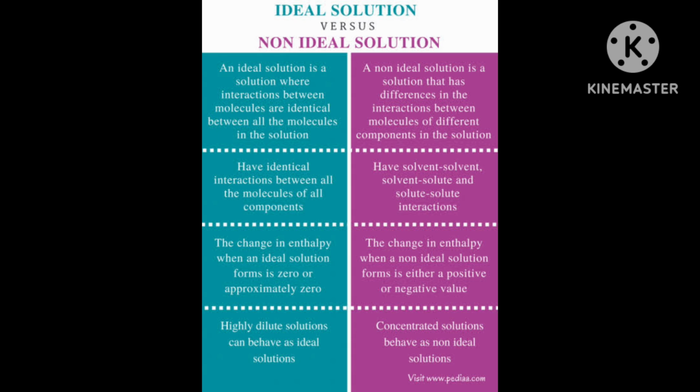Where they differ is that in Henry's law KH is a constant, and here P1 naught, the vapor pressure of pure solvent, is just like a constant that is fixed. So both are similar. That's why Raoult's law is called a special case of Henry's law.